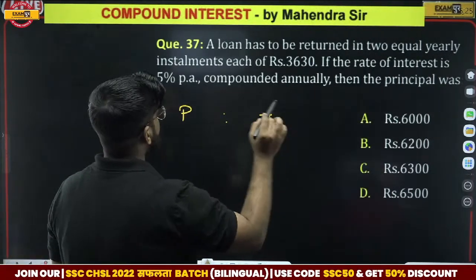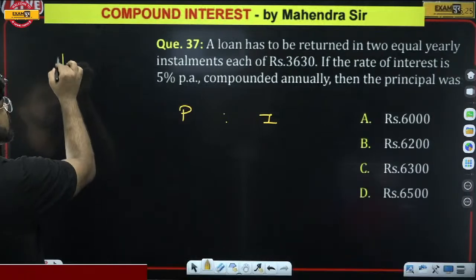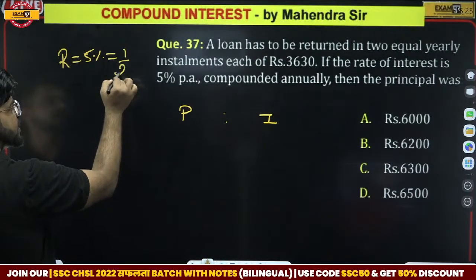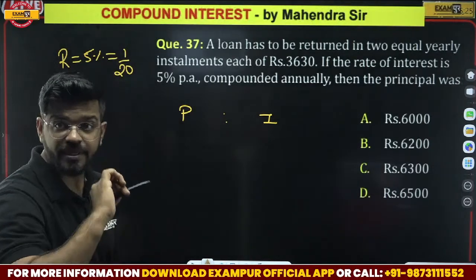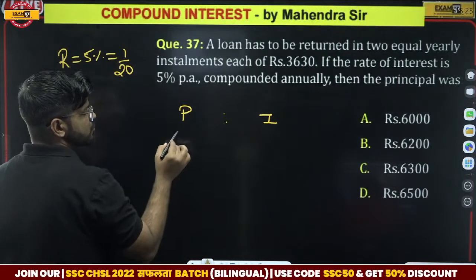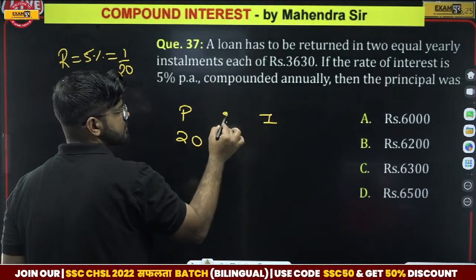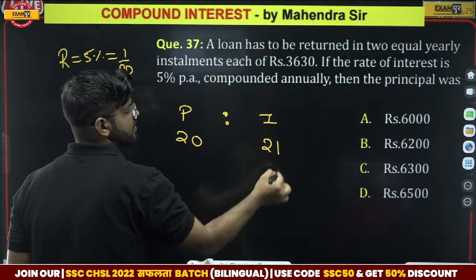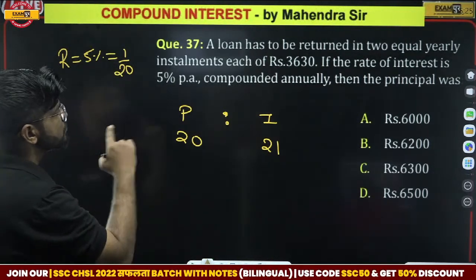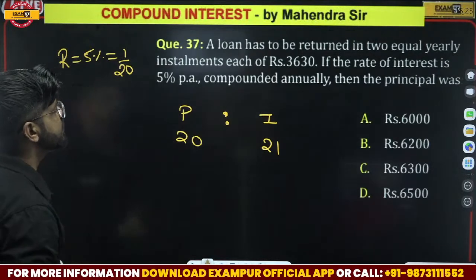So what is the rate of interest? It is 5%. R is 5%, and we can write 5% as 1 by 20. We are using the ratio method here, so we have to calculate the fractional part. If P is 20, then my installment will be 21.